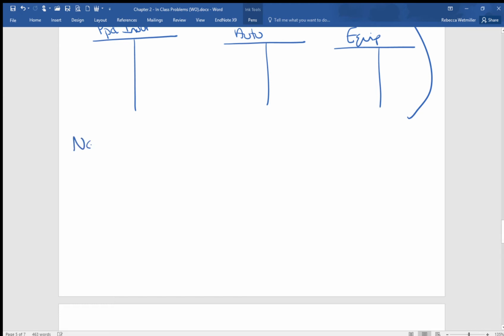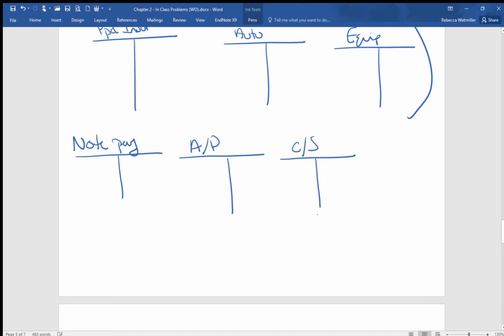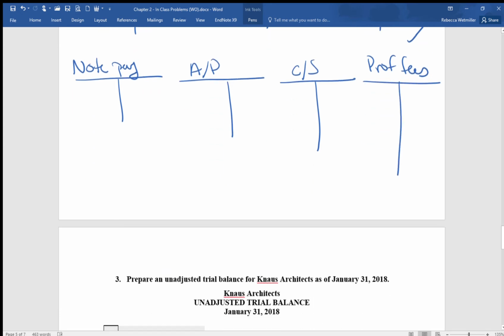We've got notes payable. We've got accounts payable. We have common stock. Professional fees. We're going to need to add in a paper here.